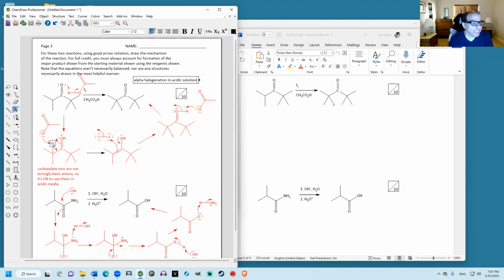Then we pull off the alpha proton, move the electrons in between the two carbons to make a carbon-carbon double bond, and break the carbon-oxygen pi bond to get rid of the plus charge on oxygen, and we get the enol. The enol is going to be the major reactive species in acid. The enolate is going to be the major reactive species in base.